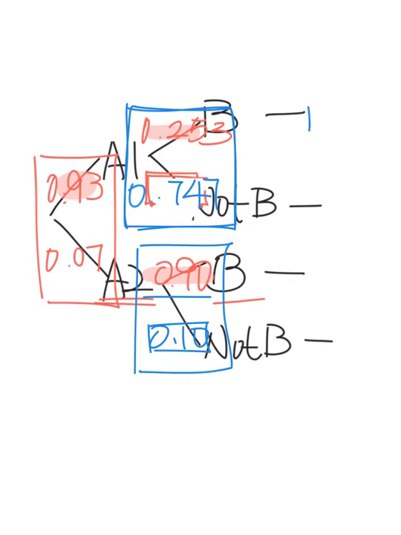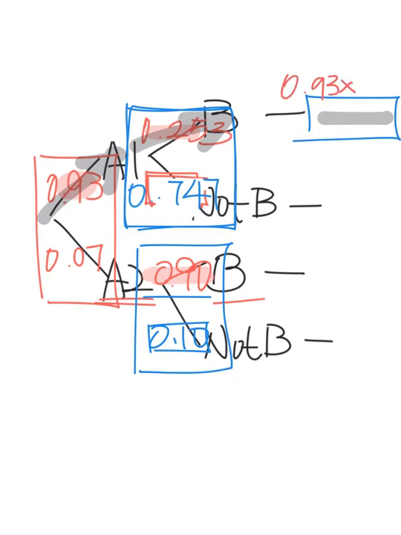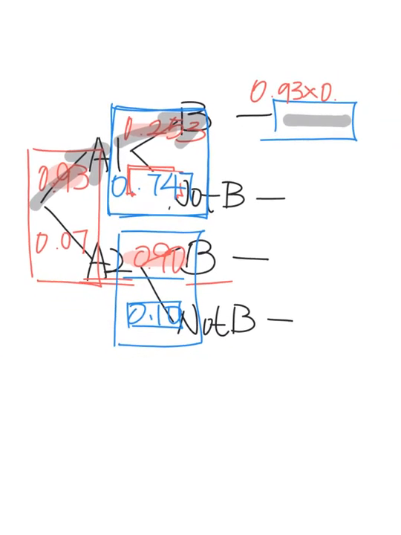Let me complete the probability tree. You know, before, we take this one and take that one by the general multiplication rule. We took the probability there. So now we have to do 0.93 times 0.253.